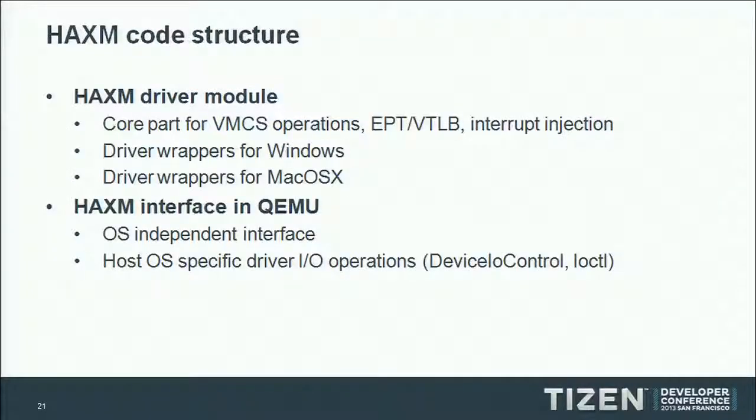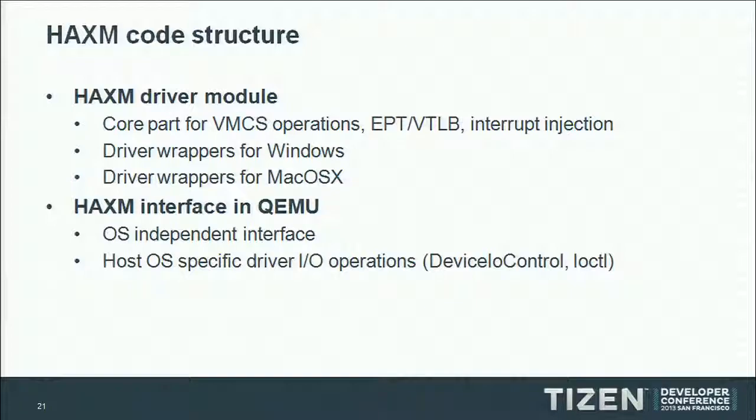So, next page. It's the HAXM code structure. Basically, we have two parts for the HAXM. One is the HAXM driver module, and one is the HAXM interface in the QEMU side. For the HAXM driver module, it splits into three parts.